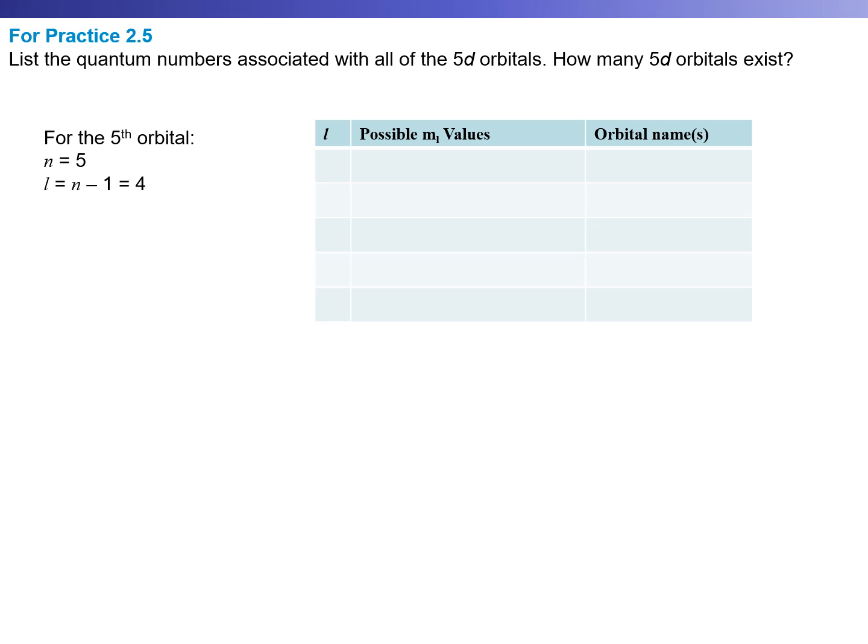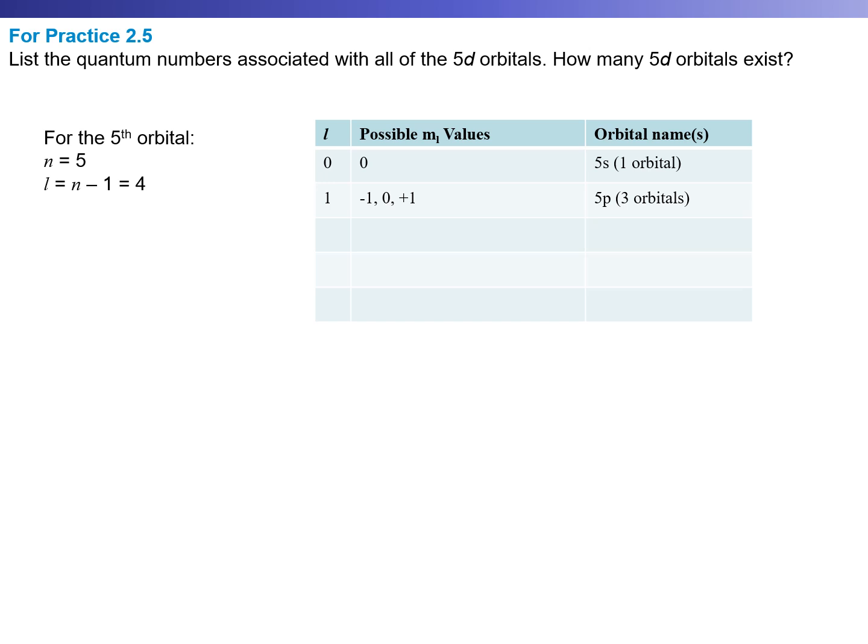You are going to have an angular momentum equal to 0, which means that your possible magnetic number is going to be 0, which means that we're talking about the s subshell with 1 orbital. Now our angular momentum could also be equal to 1, which now gives us possible magnetic numbers of -1, 0, and +1. And that means that now we're looking at the 5p orbital, which will have 3 orbitals in it.